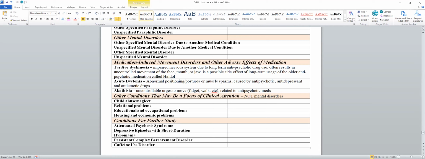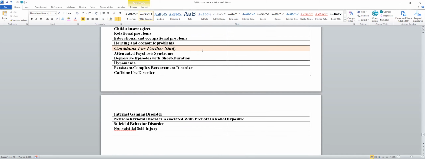Moving on to the next category, other conditions that may be a focus of clinical attention, not mental disorders: child abuse, neglect, relational problems, educational and occupational problems, housing and economic problems.